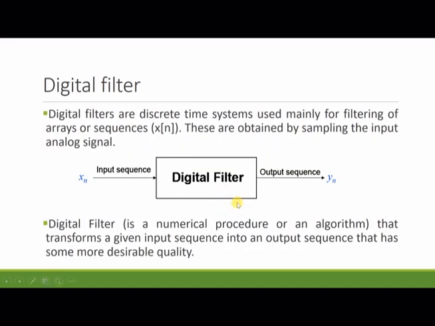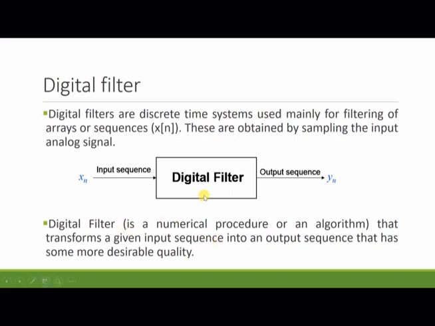So this digital filter, as mentioned earlier, is taking up input in the form of input sequences and giving out the filtered output, which is also in the form of an output sequence.